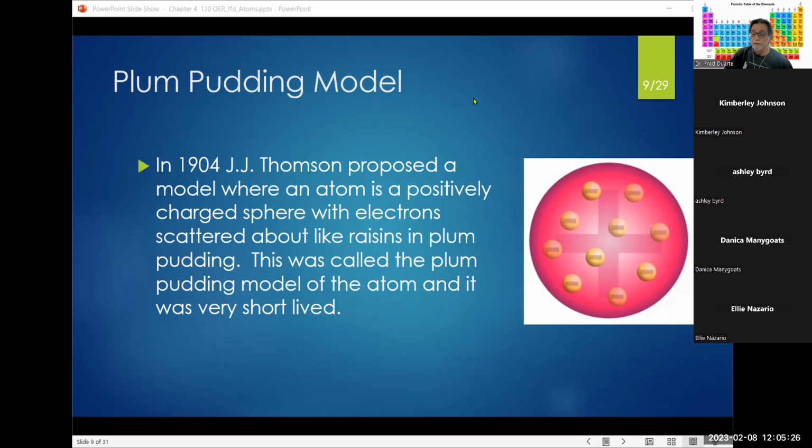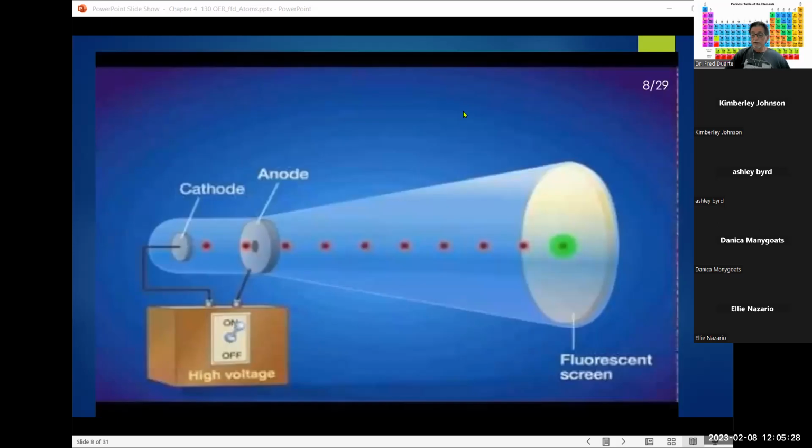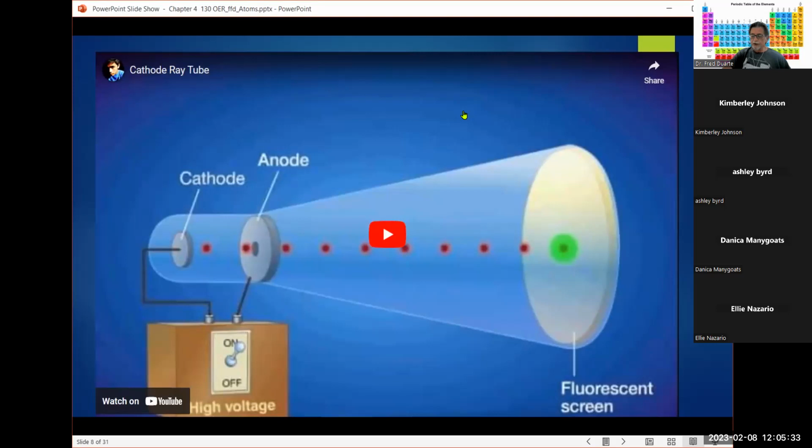Okay, we had just talked about J.J. Thompson's work that demonstrated this particle he generated, denoted here by the red dots, that were shot across his ray gun, if you will, and it hit the surface of this material that was covered with a fluorescent compound.